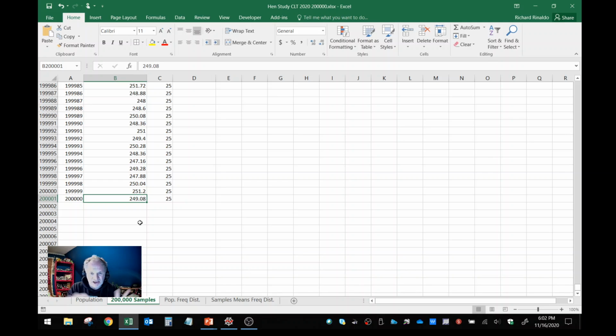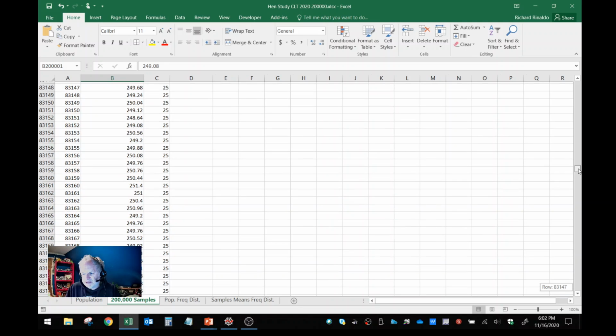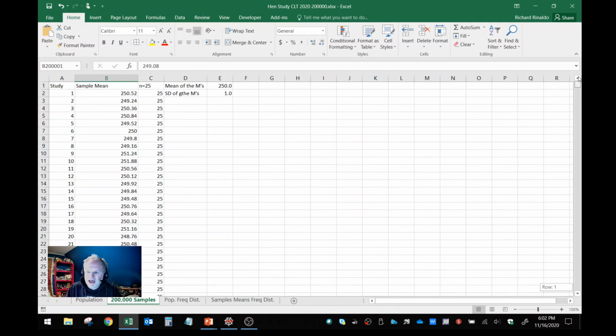So I essentially ran my study 200,000 times, and each time I had a sample size of 25. Now, what I want to do is, with 200,000 sample means, figure out the mean and standard deviation of those sample means.